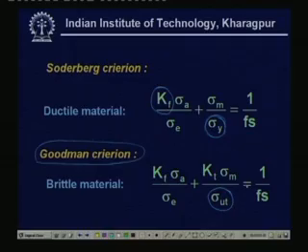So, in the Goodman criteria you can see that Kf is multiplied as it was multiplied in the Soderberg criteria. However, we are multiplying an additional Kt with the mean stress, whereas we are not multiplying a Kt in the mean stress for the Soderberg criteria.